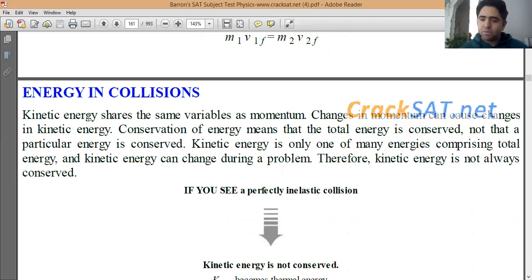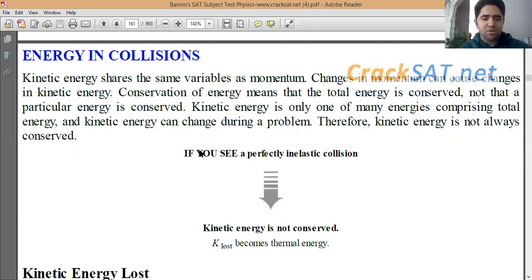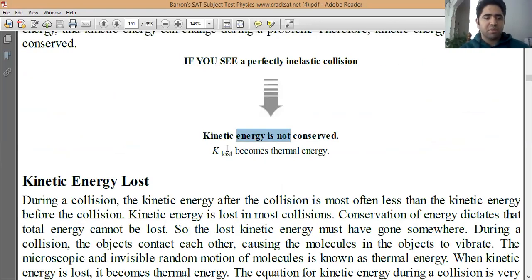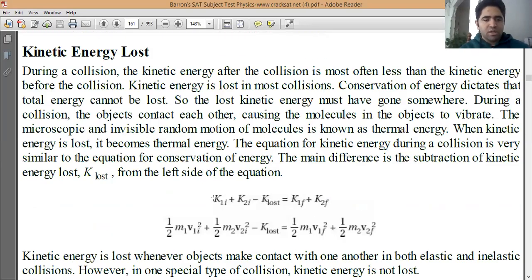Into sound, but that sound is not for free. So you have lots and lots of conversions, actually, friction and that's heat. All the other stuff. So kinetic energy is not conserved and it becomes thermal energy and sound energy as well. And so initial kinetic energy minus the lost kinetic energy will equal the final kinetic energy.